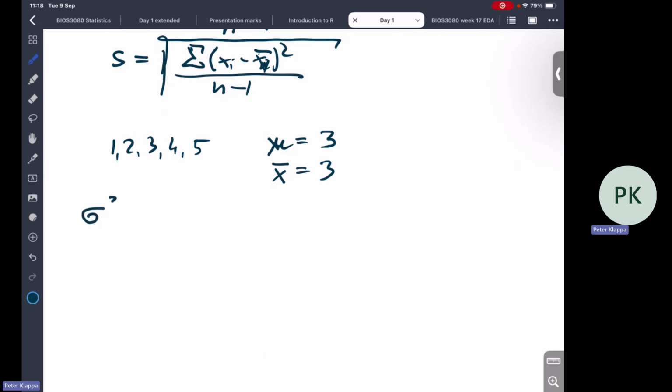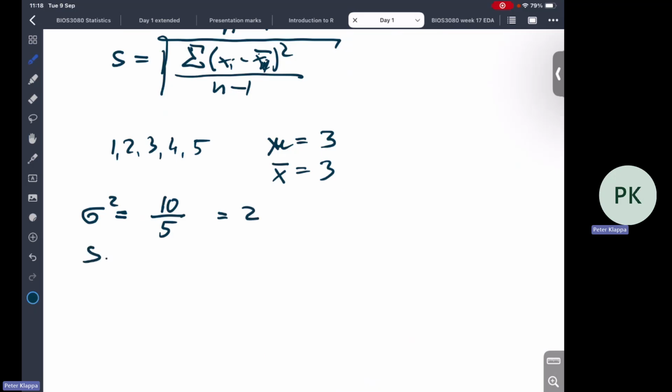For sigma squared, we said it is, what did we have? 4, no, 10, no, 15, no, what was it? 10, yeah. 10 divided by 5, yeah, was 2.